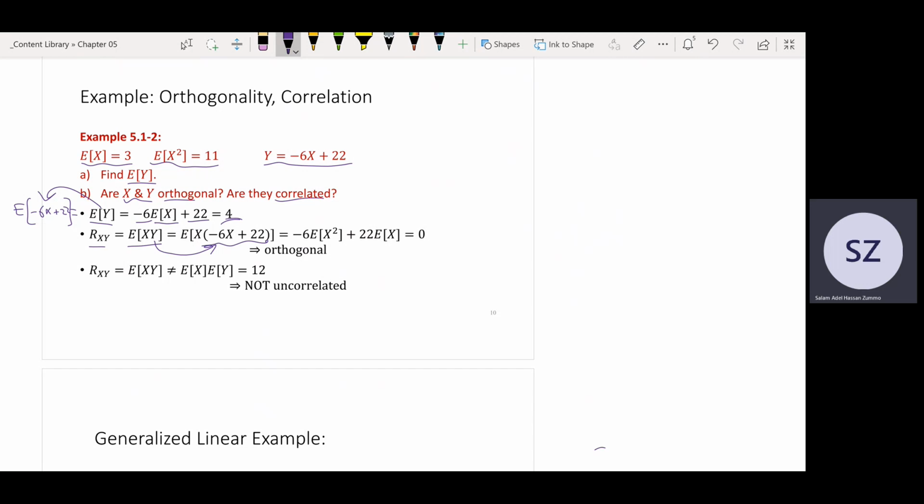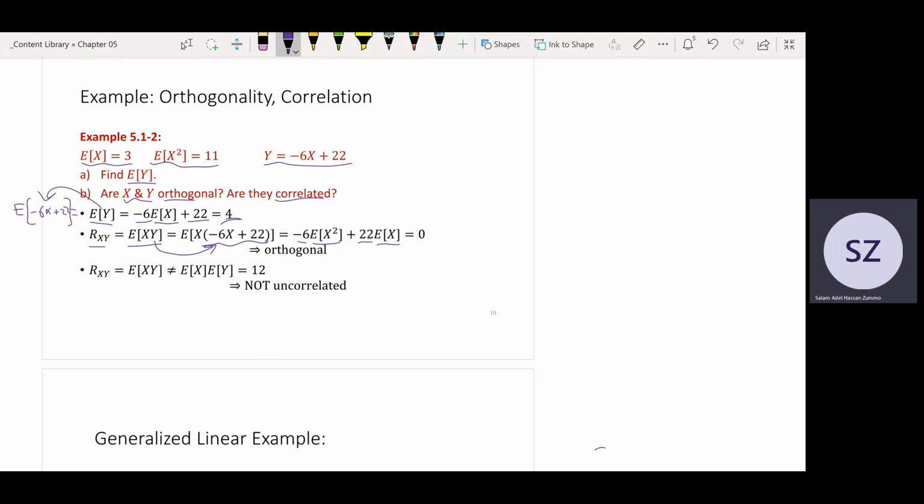Anything that is constant goes outside the expectation, anything that is variable continues inside. So now when you multiply x by minus 6x, you get minus 6 x squared. So the expected value of x squared continues. And we have x multiplied by 22. So we have 22 times the expected value of x. Voilà.